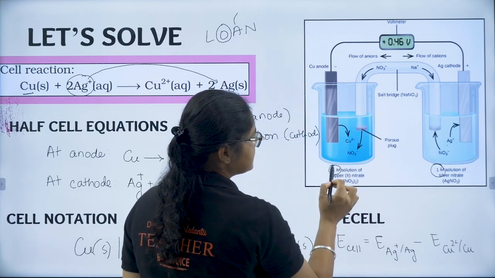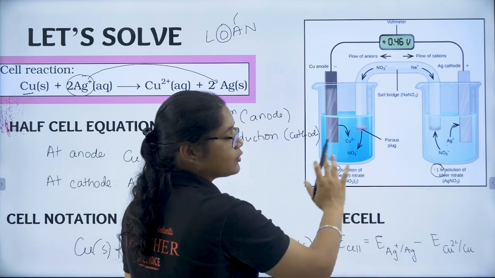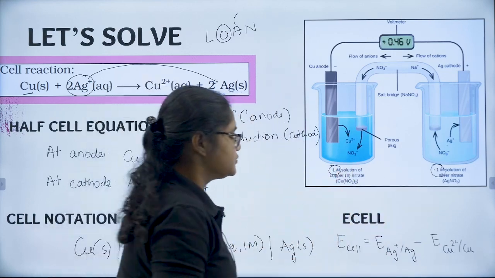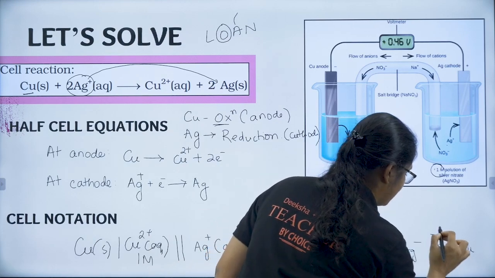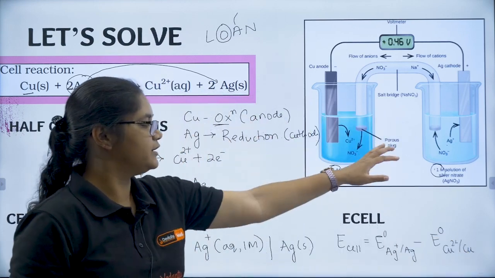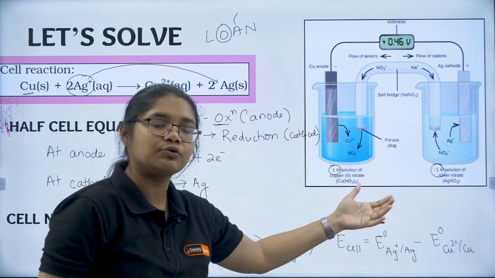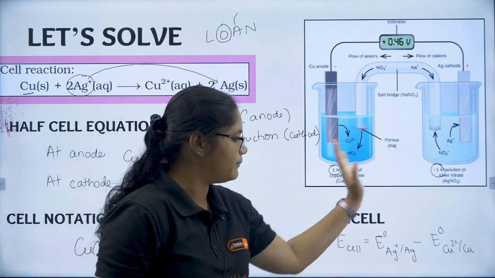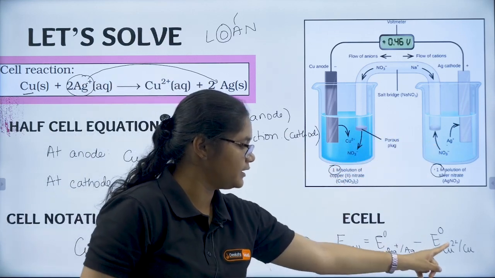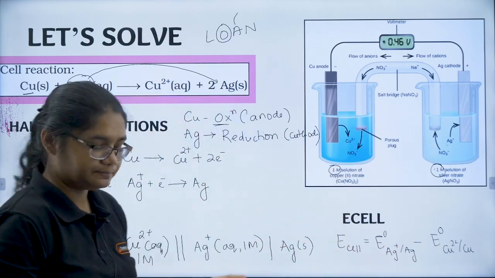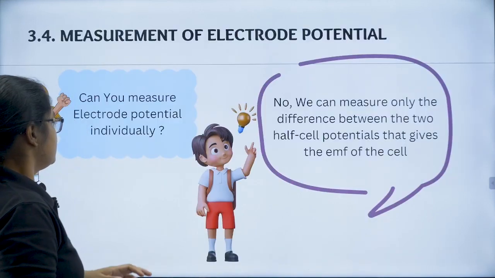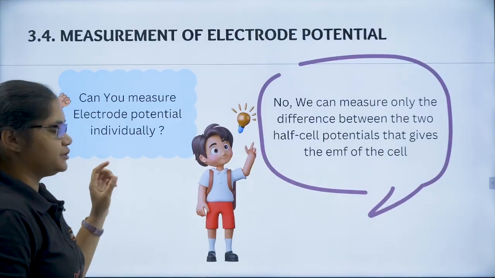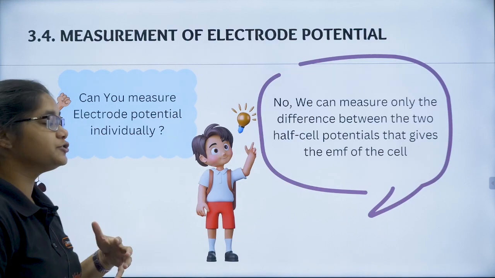Now since this is 1 molar, I can say that these are also standard reduction potentials. So here you can put E0 and E0. It is always right minus left, or cathode minus anode. You can see I have written the reduction potentials. Clear?